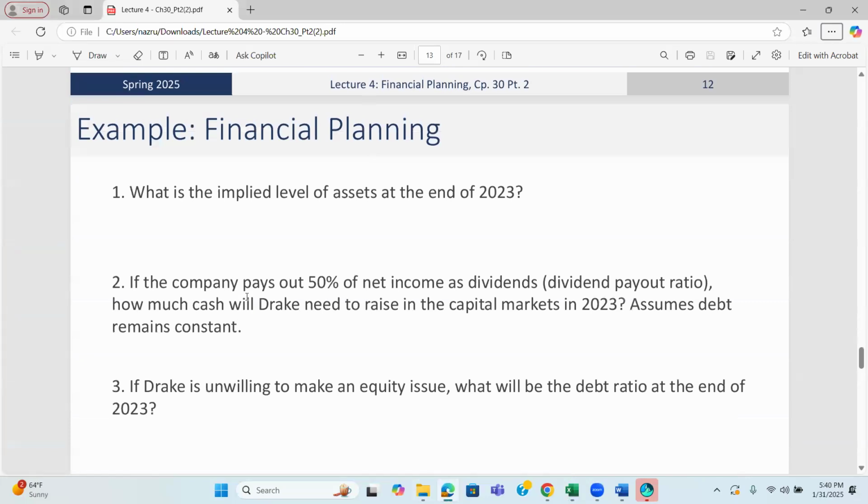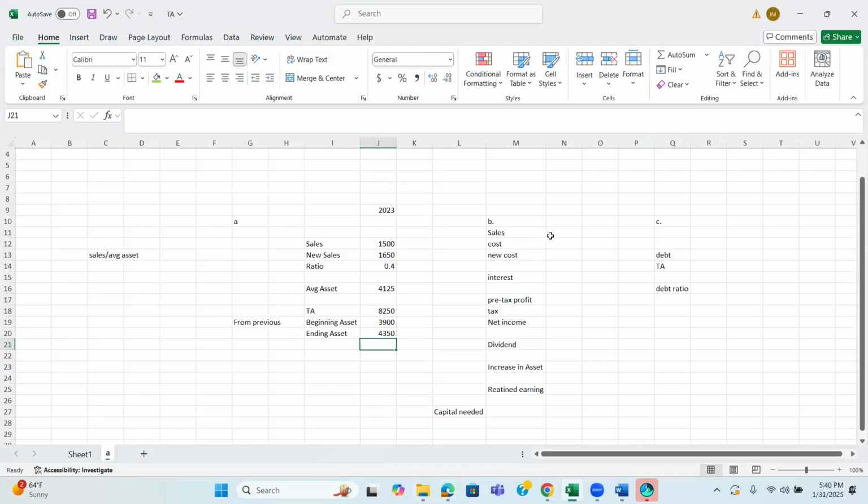If the company pays 50% of net income as dividend, how much capital do we need, right? So basically, we have to start with the sales here again, because we already have the new sales with the 10% increase. We can just plug the value here. We are not calculating again.